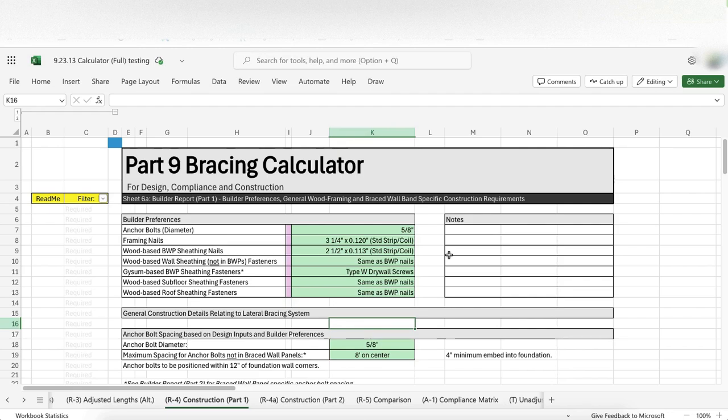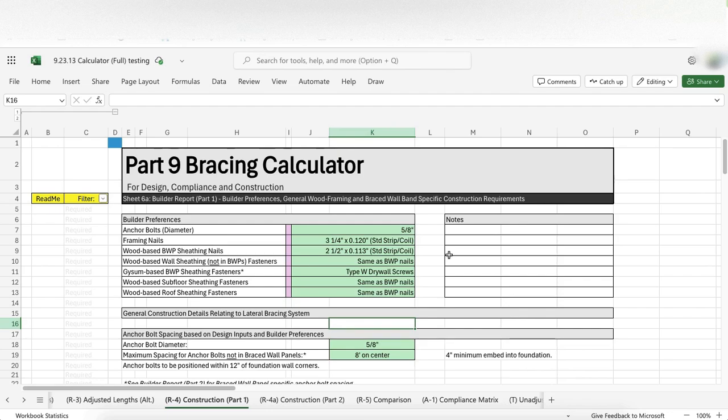what am I trying to say? The way that nailing is referenced in part 9 seems to be, I mean, it all turns into metric, but it seems that the nail references in terms of the length reference through to a nail diameter, and that nail diameter, to my understanding, is typically based on common hand nails.